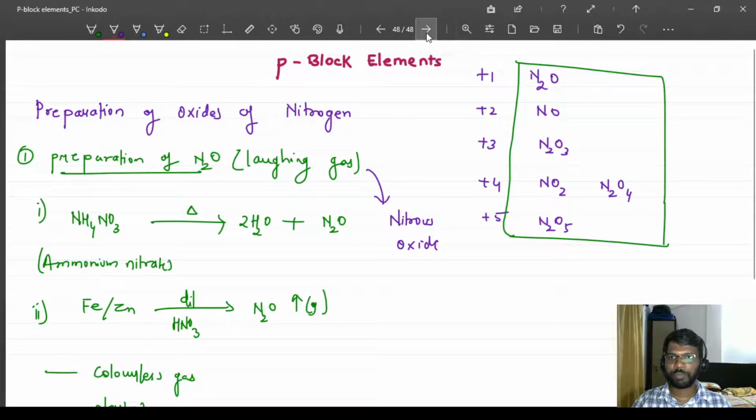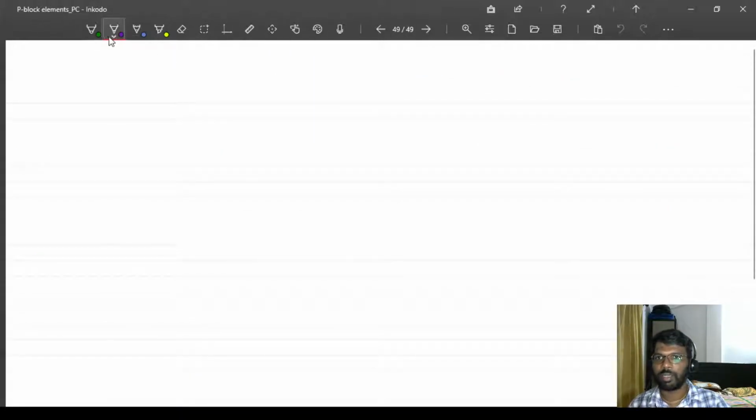Next, the oxide I will be taking into consideration is NO, where the oxidation state of nitrogen is +2.